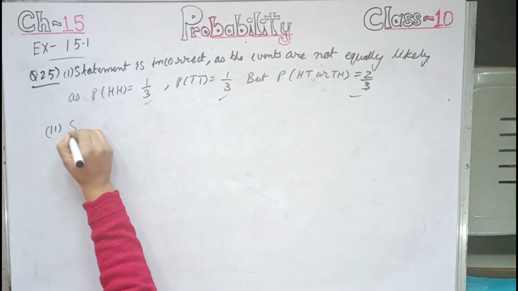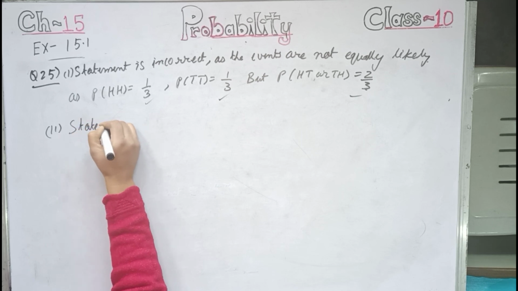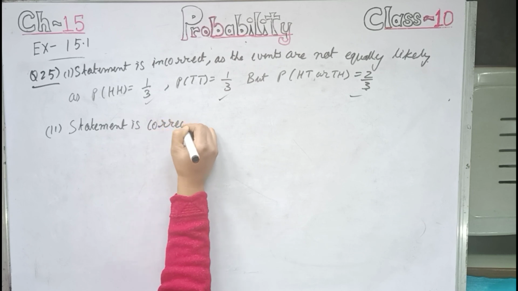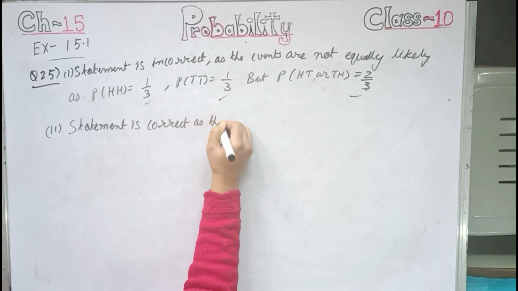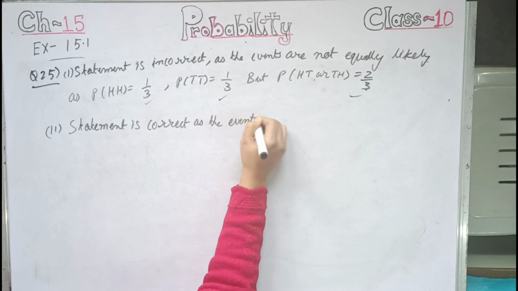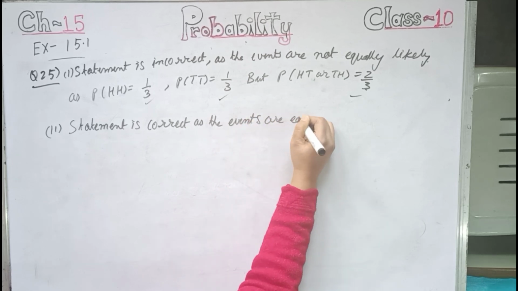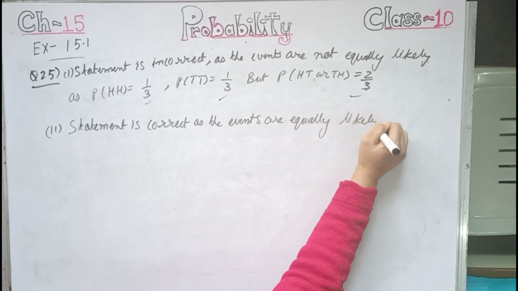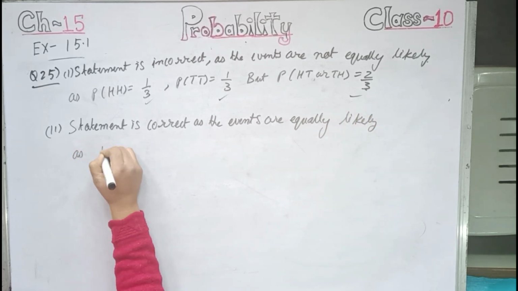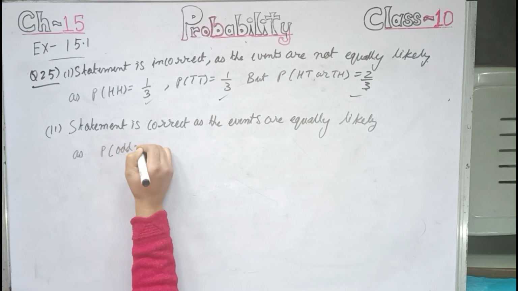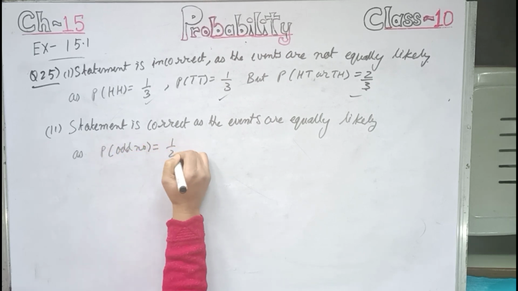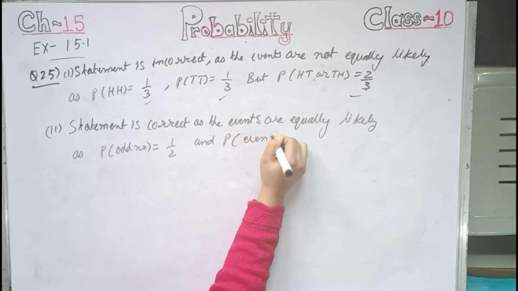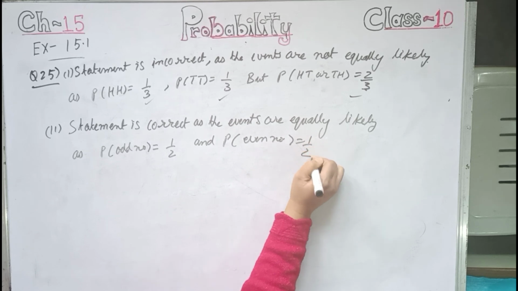So number 2 statement is correct, as the events are equally likely, as P of odd number equals 1 by 2 and P of even number is also half.